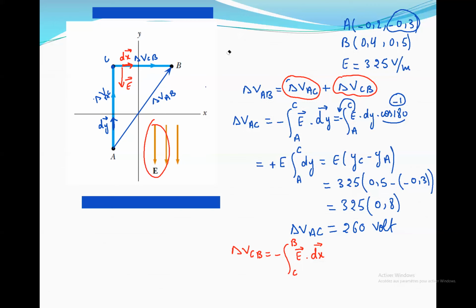The angle between dx and E equals 90. So we have the integral from C to B of E dx times cosine 90. Cosine 90 equals 0. So delta V CB equals 0.